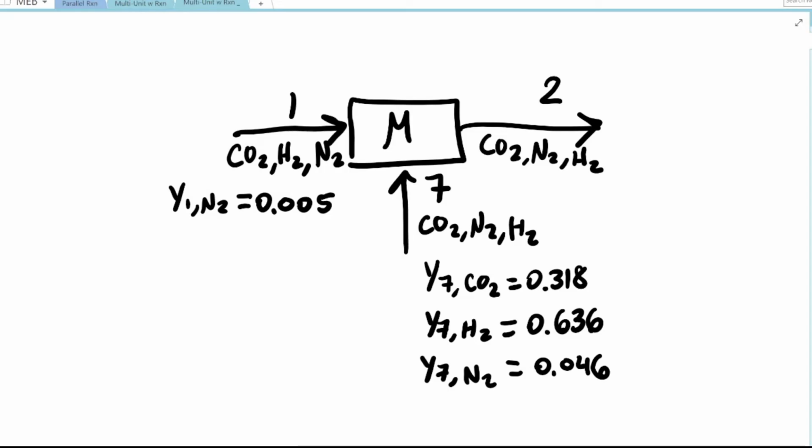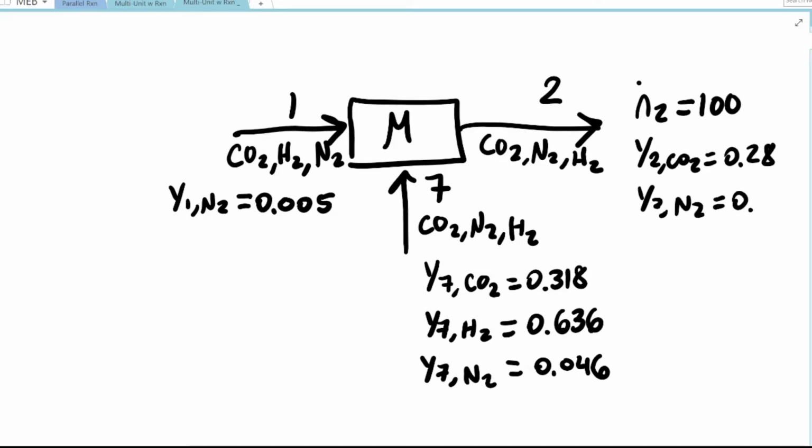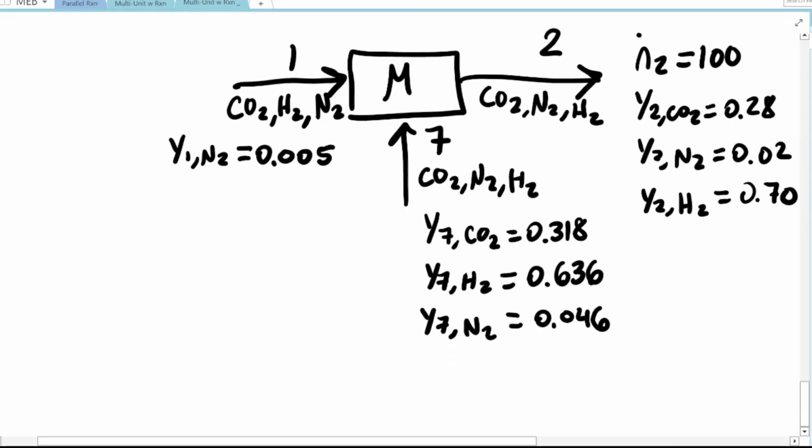And for stream 2, I've got all my Y's and I've got my N2 dot. We know N2 dot is 100, and we've got Y2 CO2 equals 0.28, Y2 N2 equals 0.02, and Y2 H2 equals 0.70. And now we've got all our knowns listed out for my mixer.